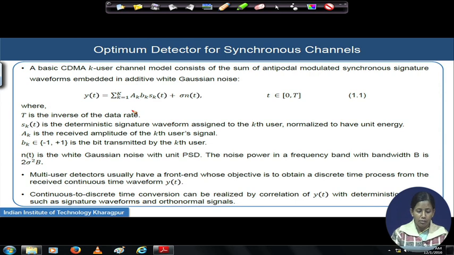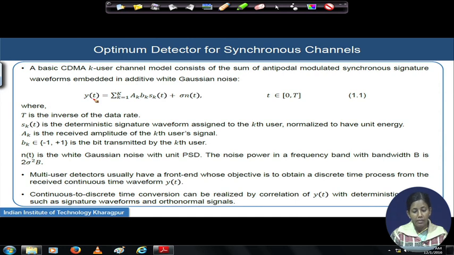Now you have received this continuous domain signal at the front end of the receiver, and in a CDMA receiver, basically in a multi-user detector, the objective of the front end is to obtain the discrete time information from this continuous time signal received by the antenna.